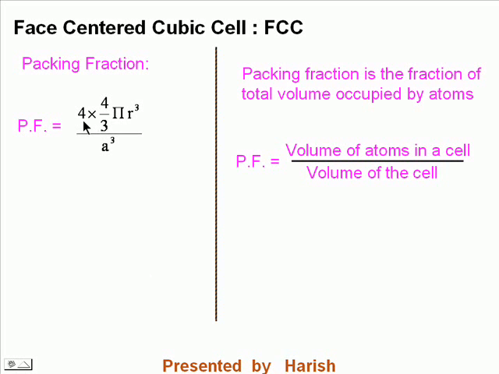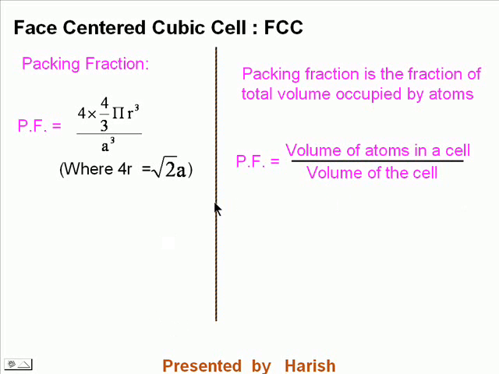The volume of each atom, taking it as a sphere with radius r, is 4 by 3 pi r cube, and a cube is the total volume of the cell.